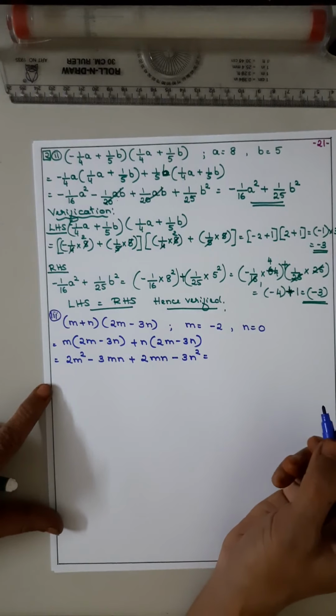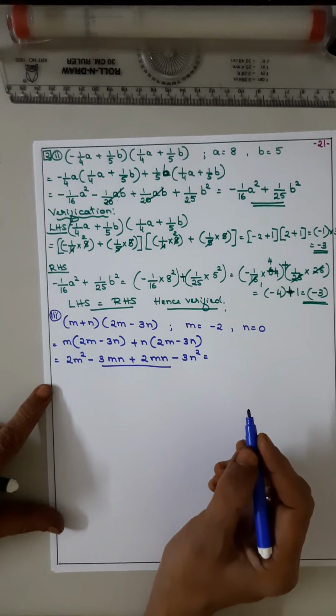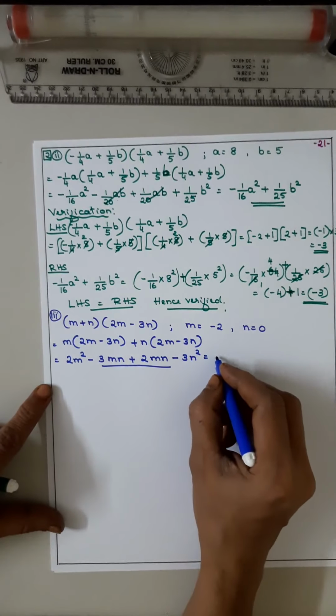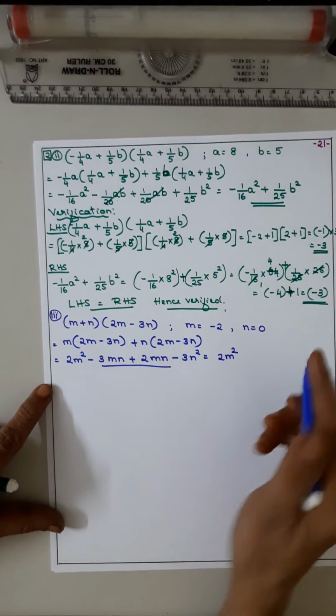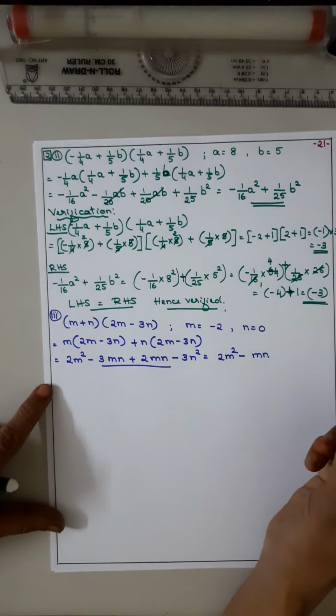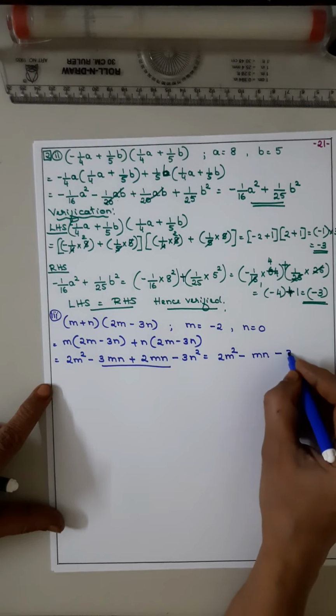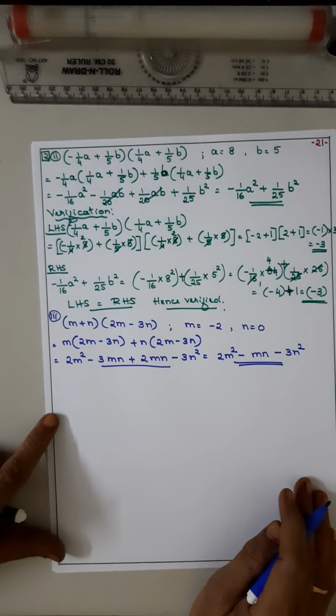Now these are like terms, so you have to solve. So it will be 2m squared as it is, minus 3 plus 2 becomes minus 1. That means minus mn and the minus 3n squared. So this is the answer.